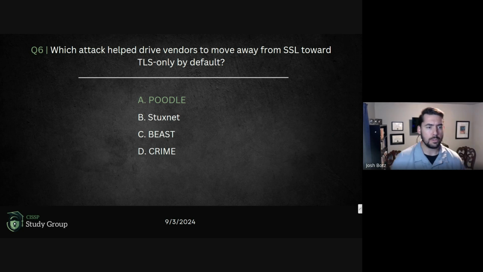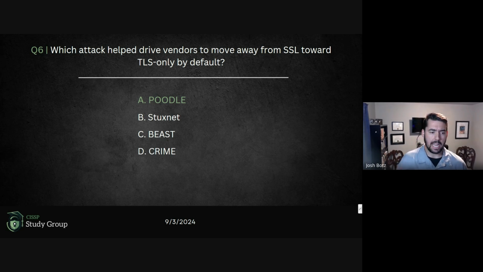I'm going to come back to Poodle since it's the right answer. I'm going to tell you how I would cross Beast and Crime off my list now that I know the answer. I had to study this one for a minute. So Beast, if you're looking in the chat, is a browser exploit against SSL/TLS. What I have learned about this is that the attack actually is against TLS, uses SSL. Or what else does my note say here?